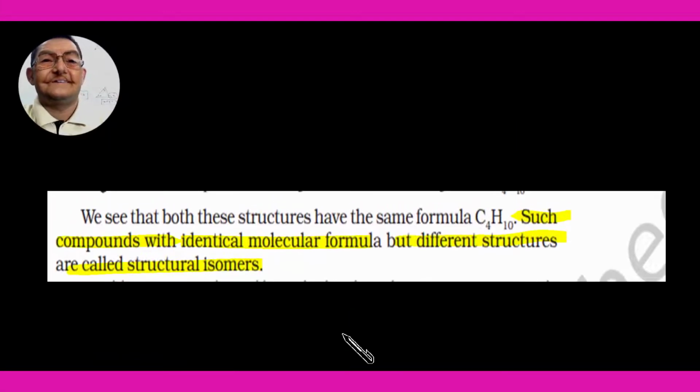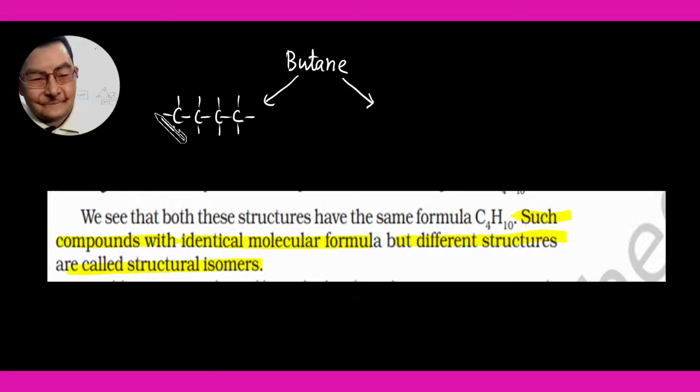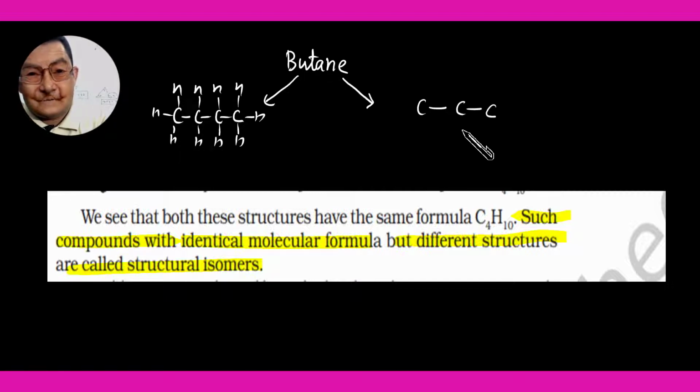So we can see that butane has two kinds of structures, one with a straight chain like this, with hydrogens completing the valencies, H, like this. The other structure is like this, 3 carbons and 1 down, but the choice is yours. Here goes an H.